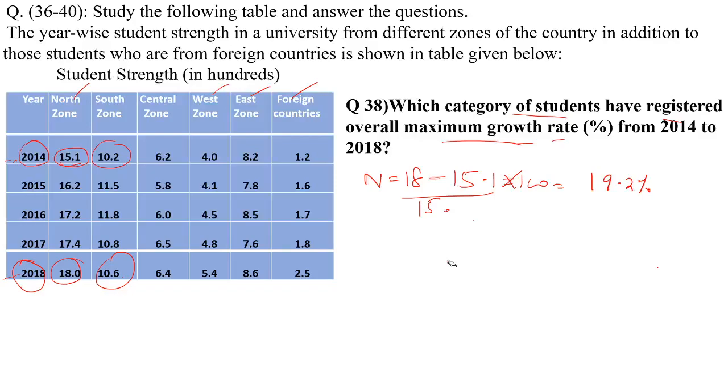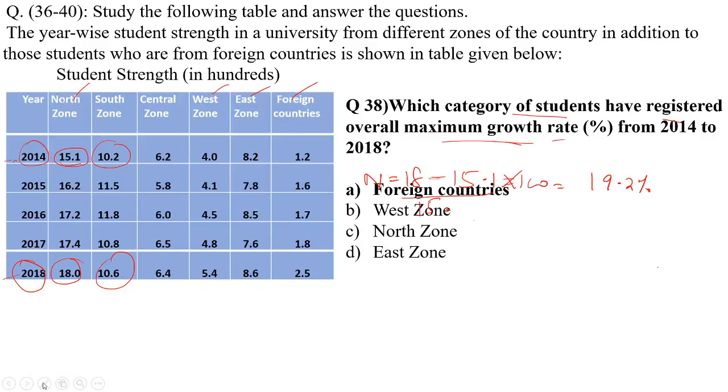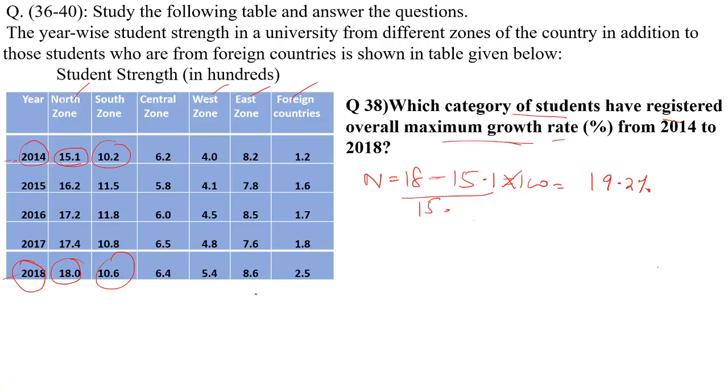It was 15.1 here, right? Next is the west one. So west was 4.0 to 5.4. So write 5.4 minus 4 upon 4 into 100. It will come out to be 35%.